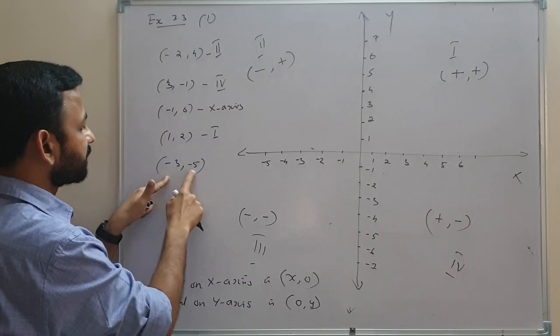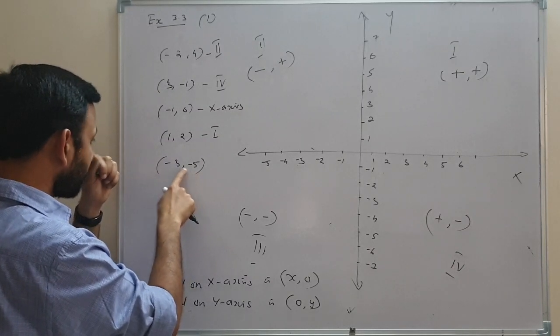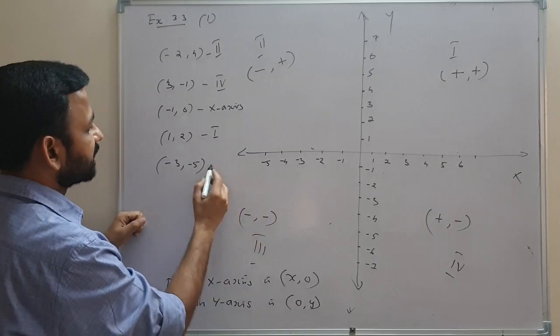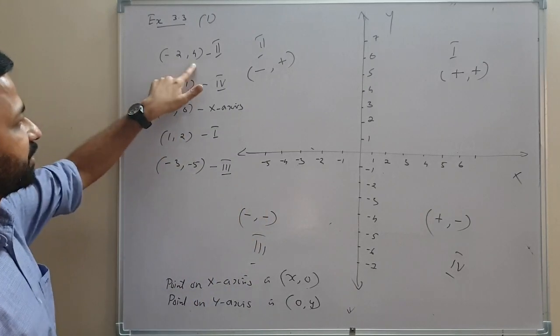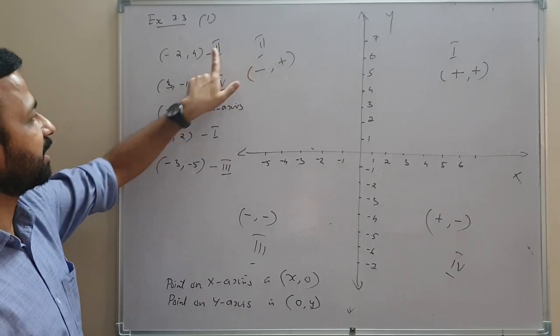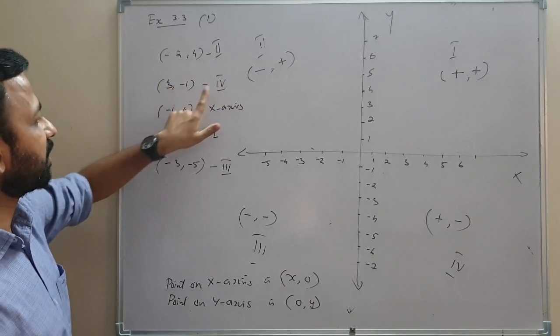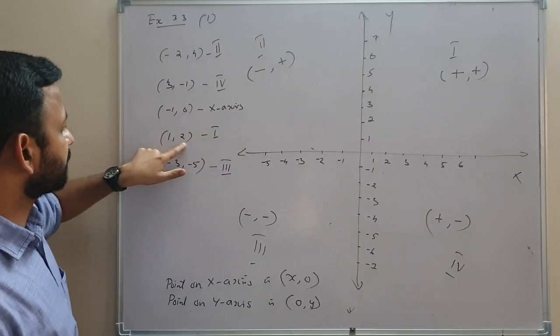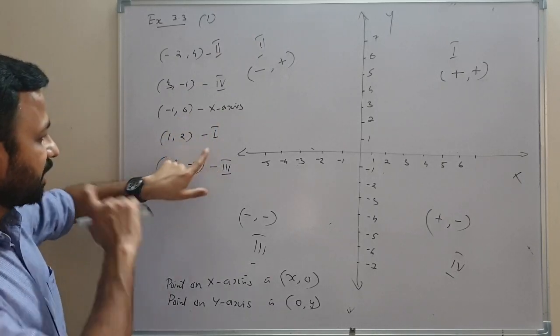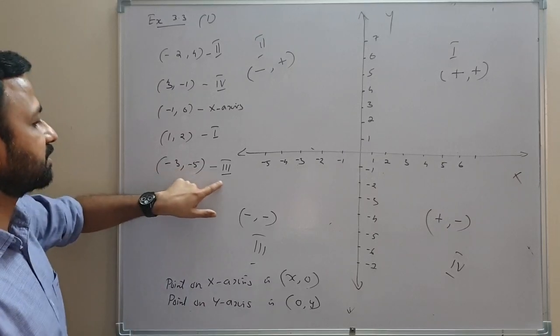And (-3, -5): both are negative, so it is from the third quadrant.